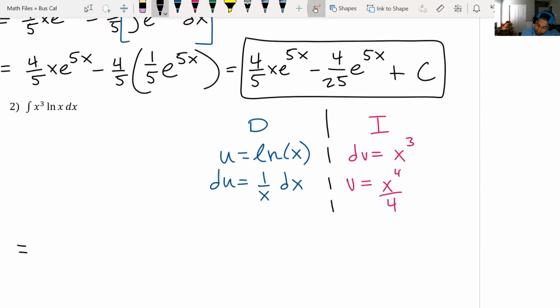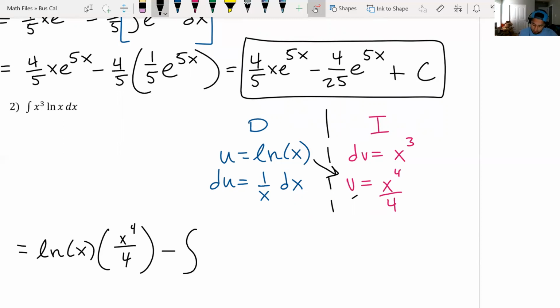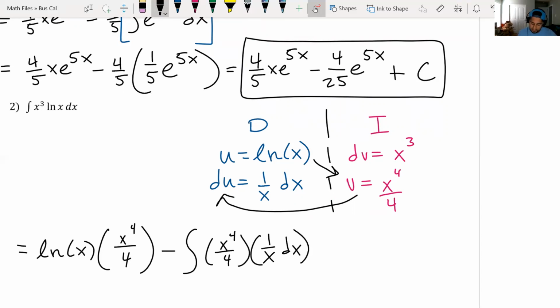This becomes u times v, the natural log of x, times x to the 4th over 4, that's u times v, minus the integral of v times du, which means I get x to the 4th over 4, there's v, times du, which is 1 over x dx.